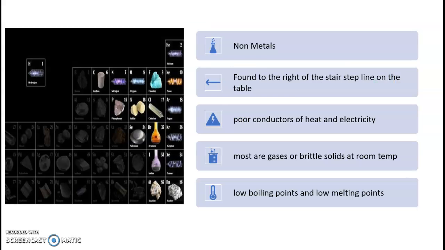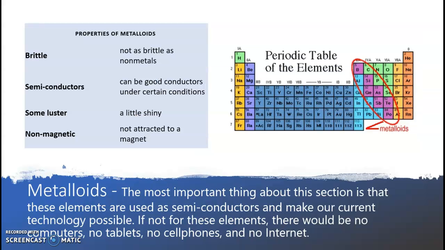Okay, so the metalloids, I want to talk just a little bit about those. They are really a unique group of elements because they have sort of characteristics of both metals and nonmetals. They are not as brittle as nonmetals, and in terms of conductivity, they are what we would call semiconductors.